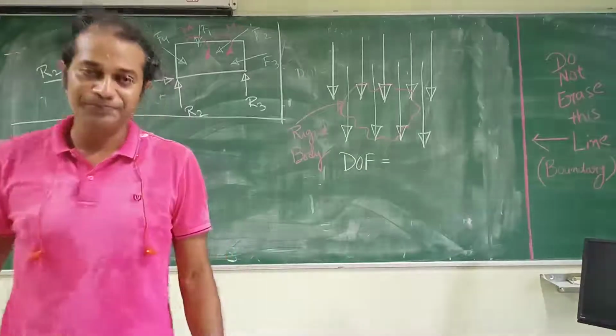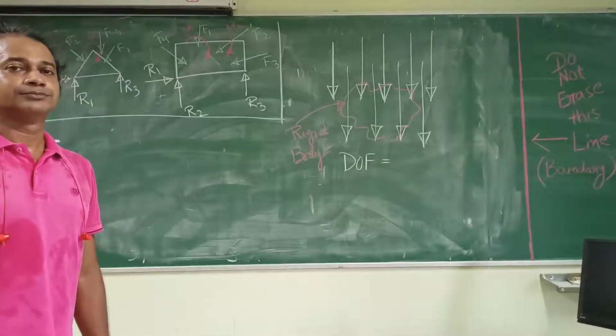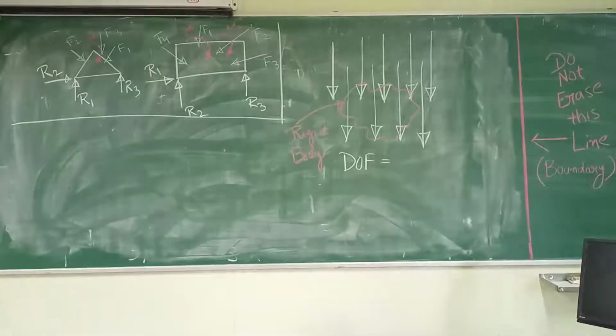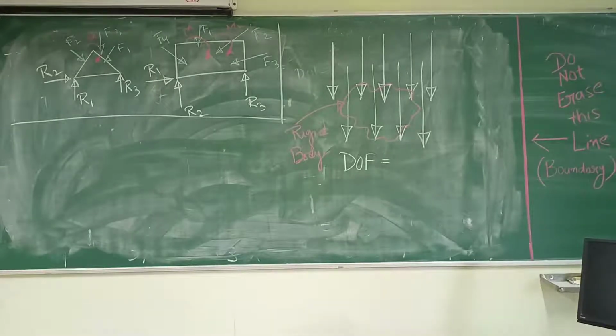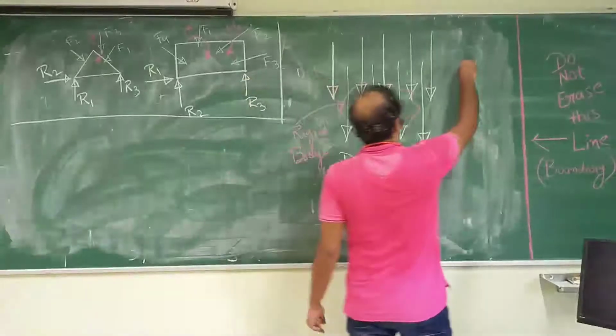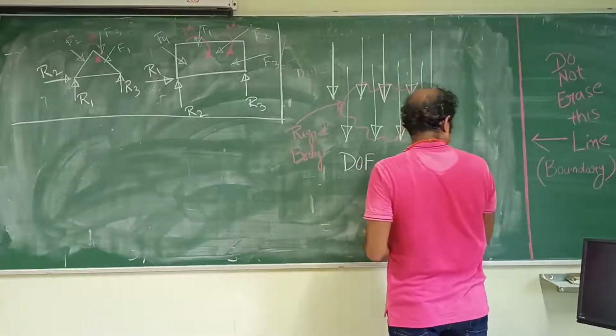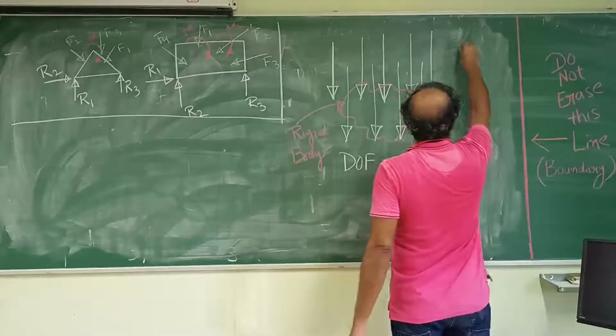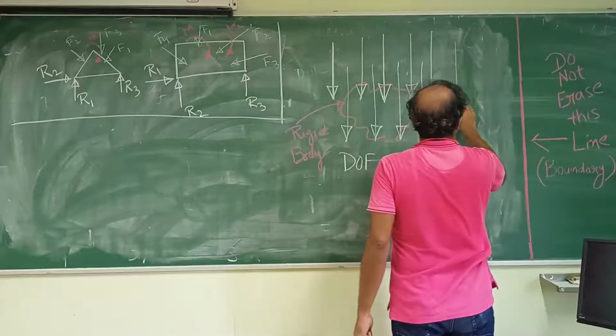What do you think? How many degrees of freedom are you going to get? Think a bit. Now let's say you make the coordinate system somewhat like this.